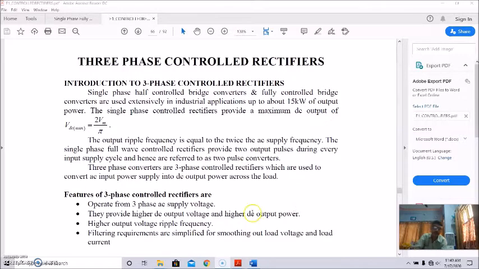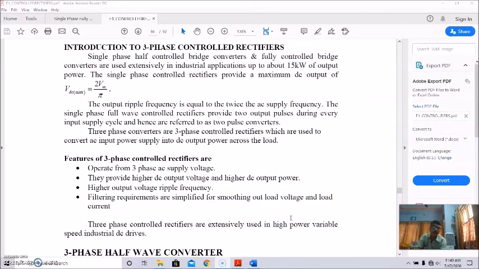Filtering requirements are simplified for smoothing out load voltage and load current. These three-phase control rectifiers are extensively used in high-power variable speed industrial DC drives.